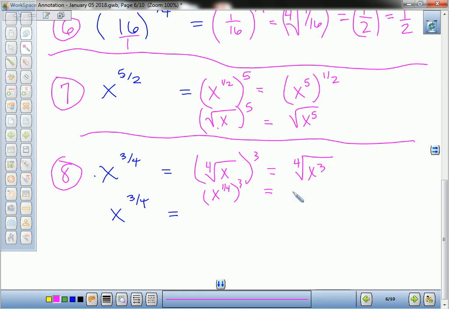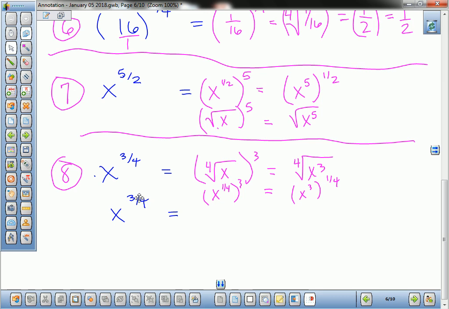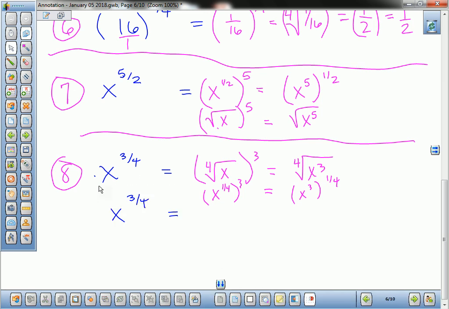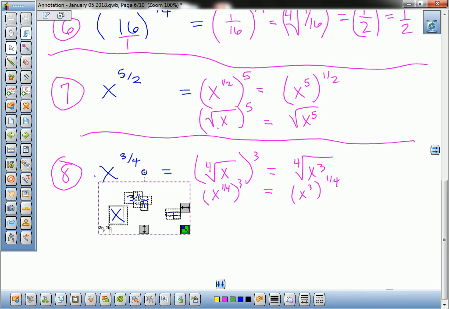This could also be written as x cubed to the 1/4 power. And this is something you could see on SAT, ACT, that type of thing, where you would have to understand that they all are equivalent, that they have the same value. All right, we'll take just a second and let's see if you could write this.